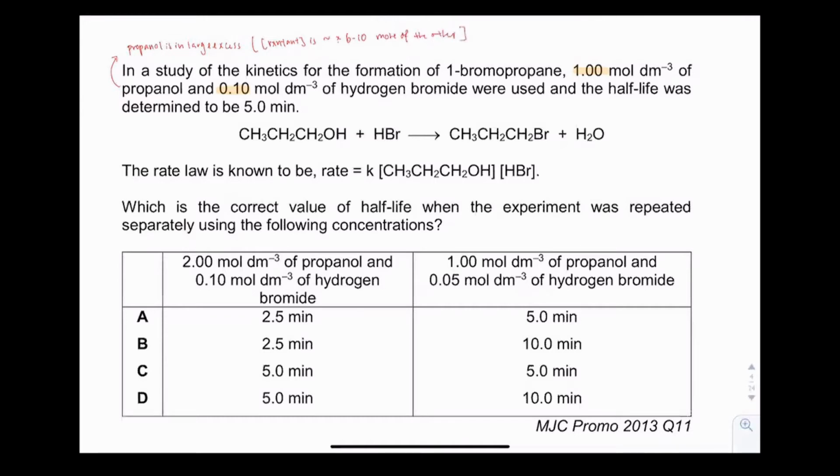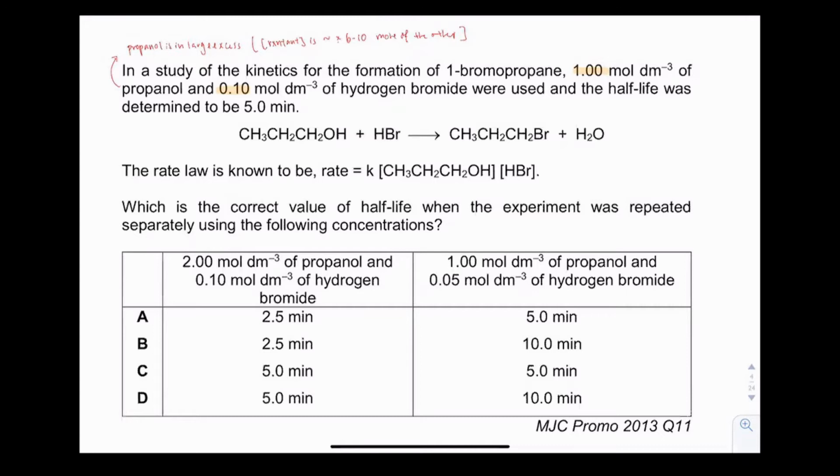The one that has a greater concentration is in large excess. However, in most questions, you will see 10 times, so it'll be a very clear indicator. Of course, if it's more than 10 times, then it's definitely in large excess.